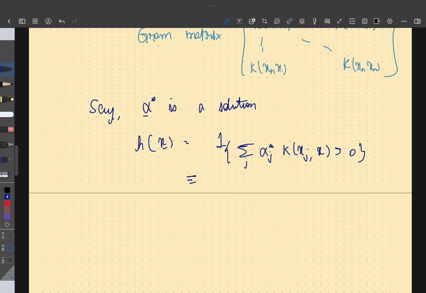Because this is exactly indicator inner product between w and psi of x greater than 0.